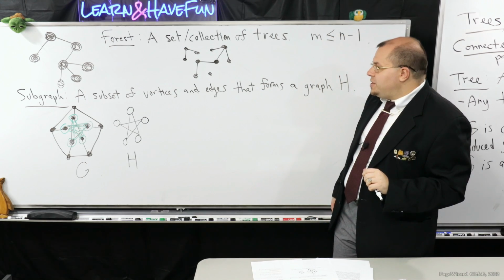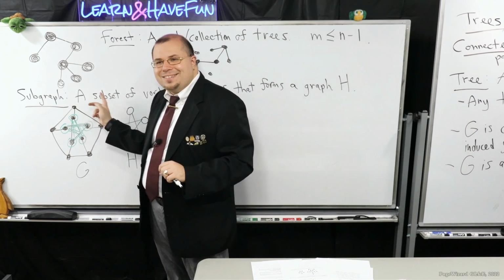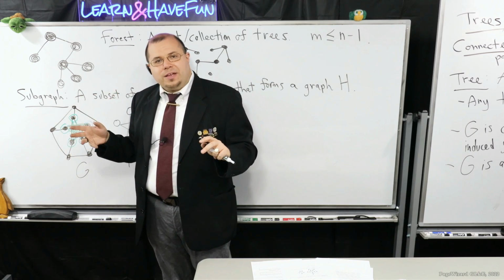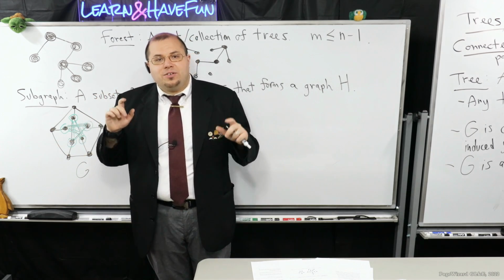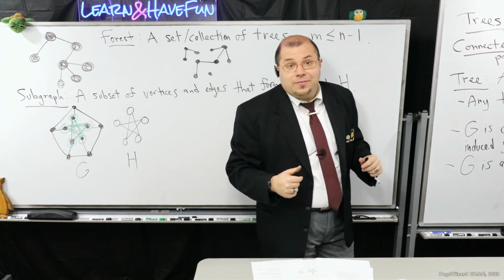That is where you take a subset of the vertices, and you ask, what would be the graph if I only included the edges from the original graph that are present only with those vertices in place? That's what we call an induced subgraph.